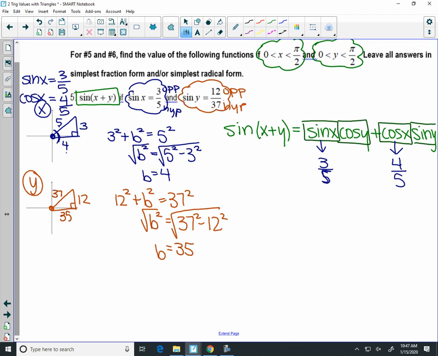So from this triangle, we need the sine of y and the cosine of y. Sine of y we were given is opposite over hypotenuse. Cosine of y, which is why we needed to do the Pythagorean theorem, is adjacent over hypotenuse.